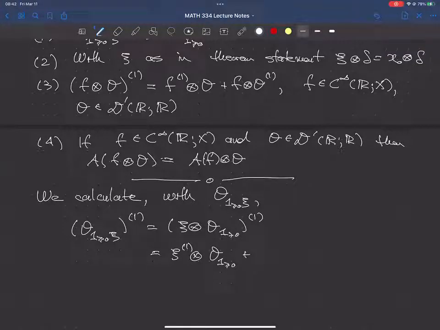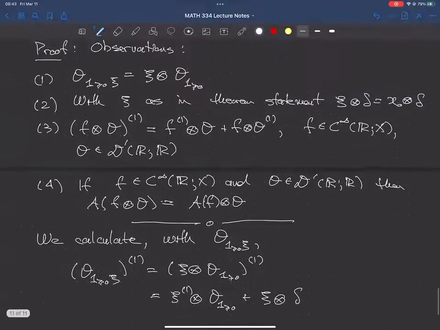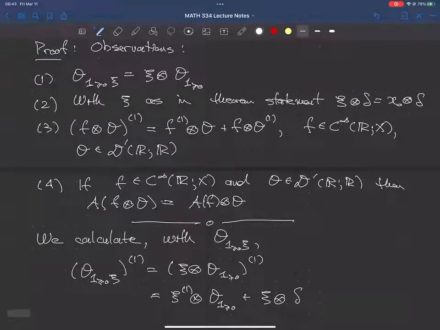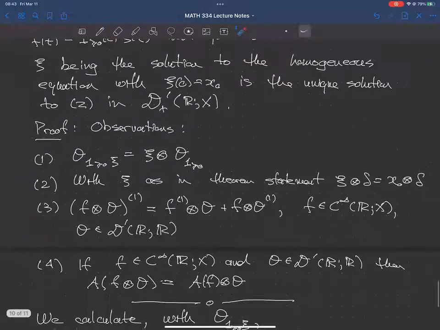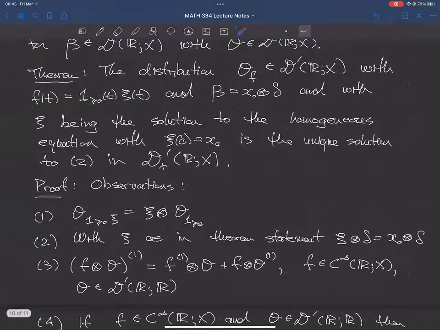Okay, and I notice, just as I did in the scalar case, and as we proved last time, the derivative of the step function is the Dirac. All right. And now C is a specific solution of the homogeneous differential equation with this initial condition.